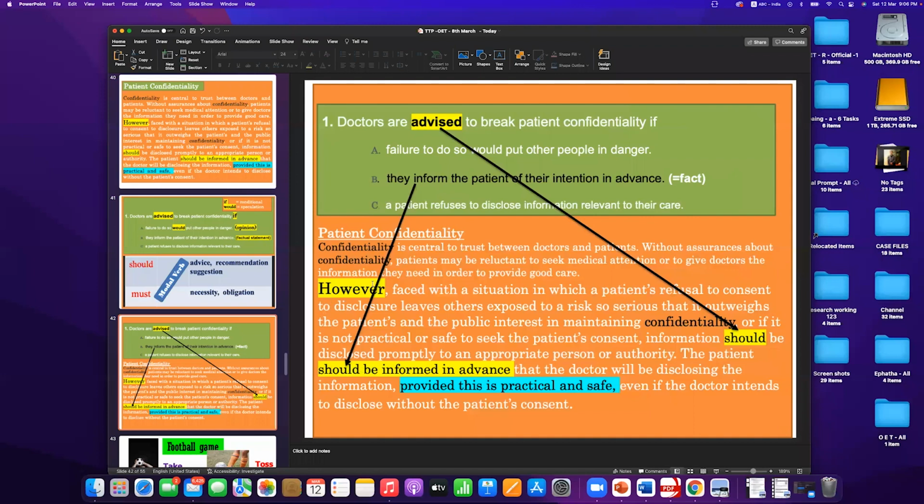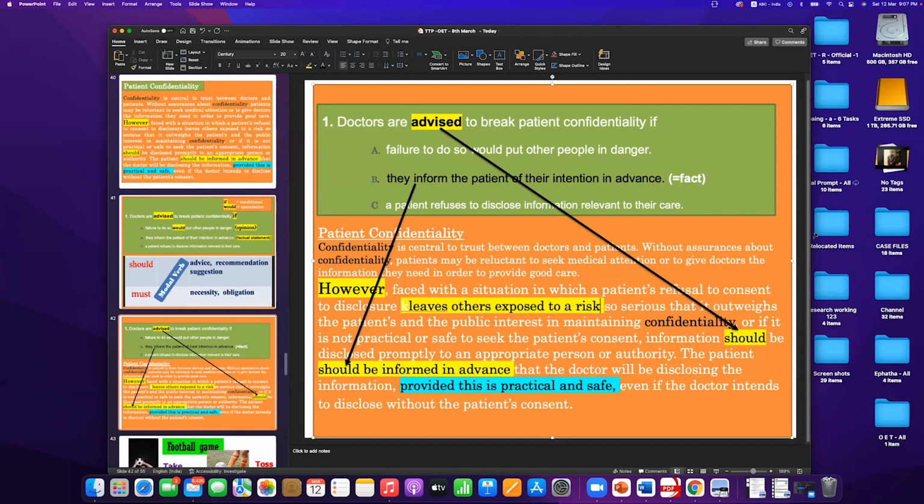So, however, when there is a contrast word next, as we said, the answer is: failure to do so would put other people in danger. Where is the answer? See here. Disclosure leaves others exposed to a risk. See the words used: synonyms, paraphrasing. Here, risk: leaves others exposed to risk. Here, danger.